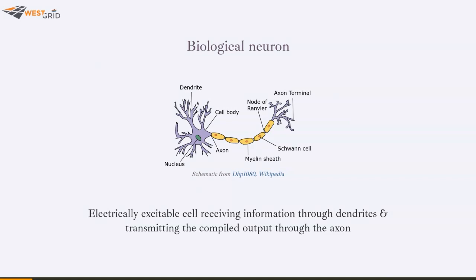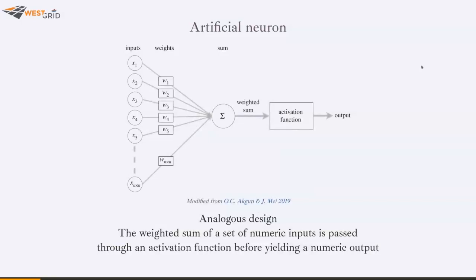Biological neurons are cells. They're electrically excitable, and you have some dendrites that collect some input. Then you have a body that processes the input, and then an axon transmits the output to another neuron.